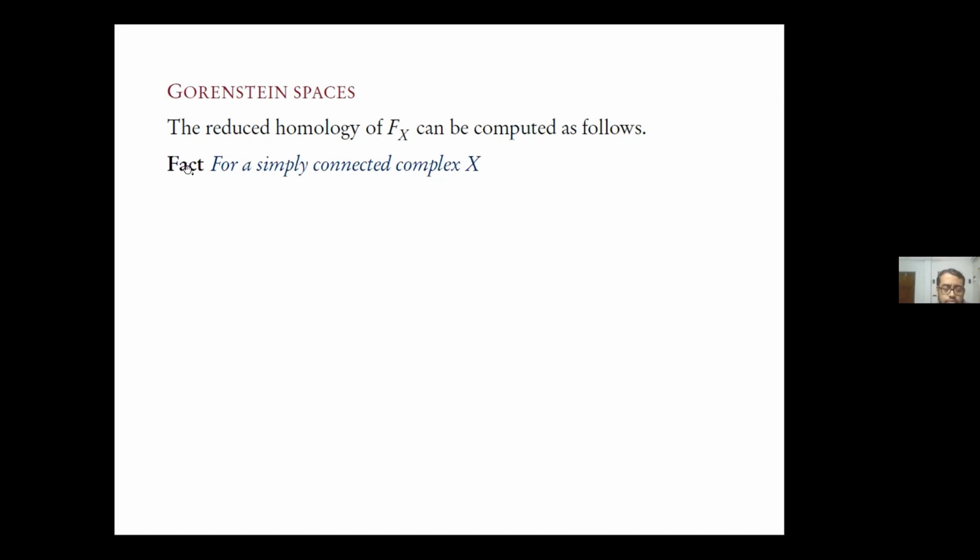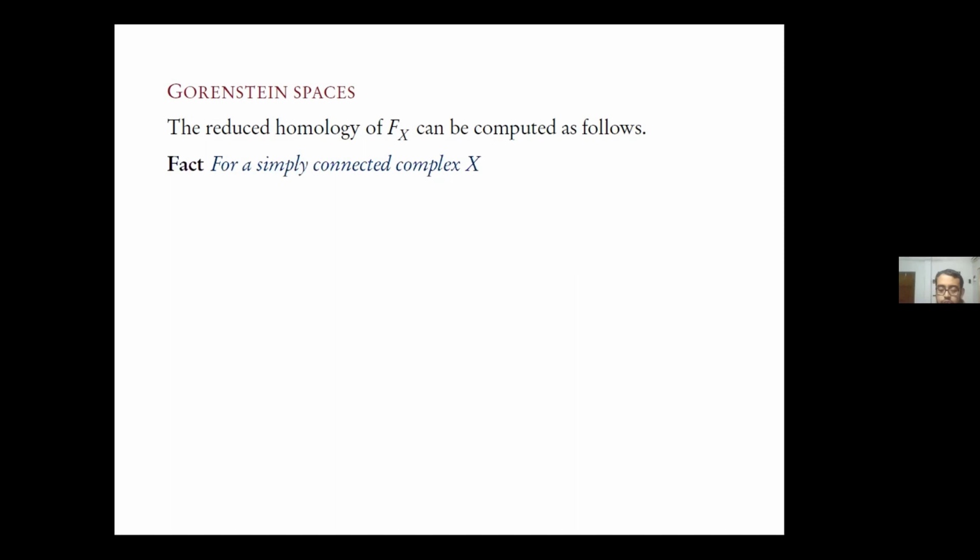So here's a fact which is not too hard to prove if you have seen these functors and how to compute certain things using them. It's a short lemma, basically following a paper by Felix, Halperin and Thomas.